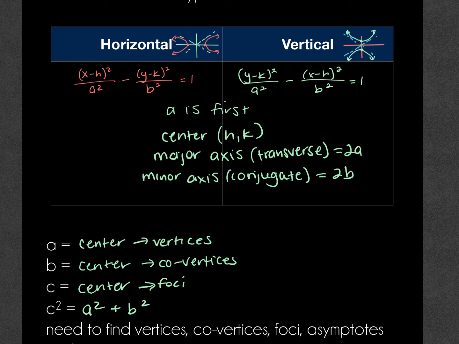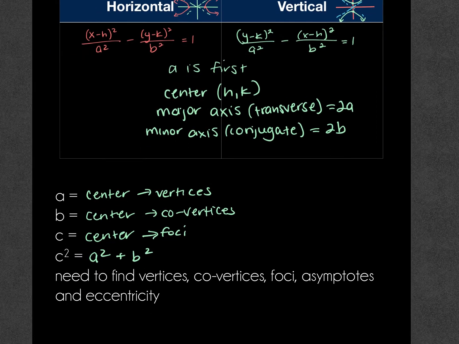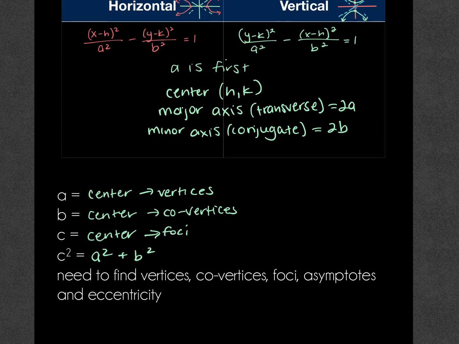It's the opposite of your equation. So your equation for a hyperbola has a minus between them, but the c squared is a squared plus b squared. Ellipse, your equation has a plus, but the c squared equals a squared minus b squared. You're going to have to find the vertices, the co-vertices, the foci. This time we've got asymptotes.